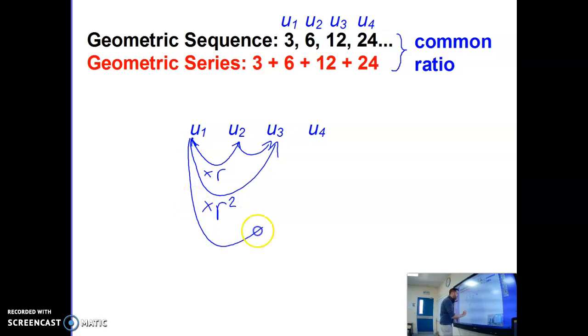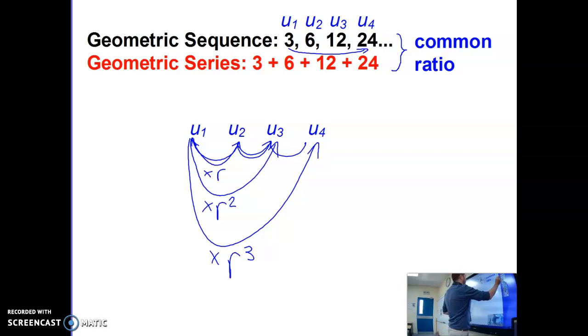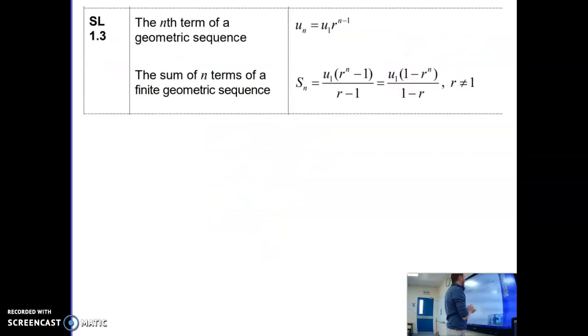To go from the first to the fourth term, I'm going to multiply by r, by r, by r, and so it's like multiplying by r cubed. That bit of information helps you to get your head around what's happening as I go from term to term in a geometric sequence or series. That may come in helpful later on.